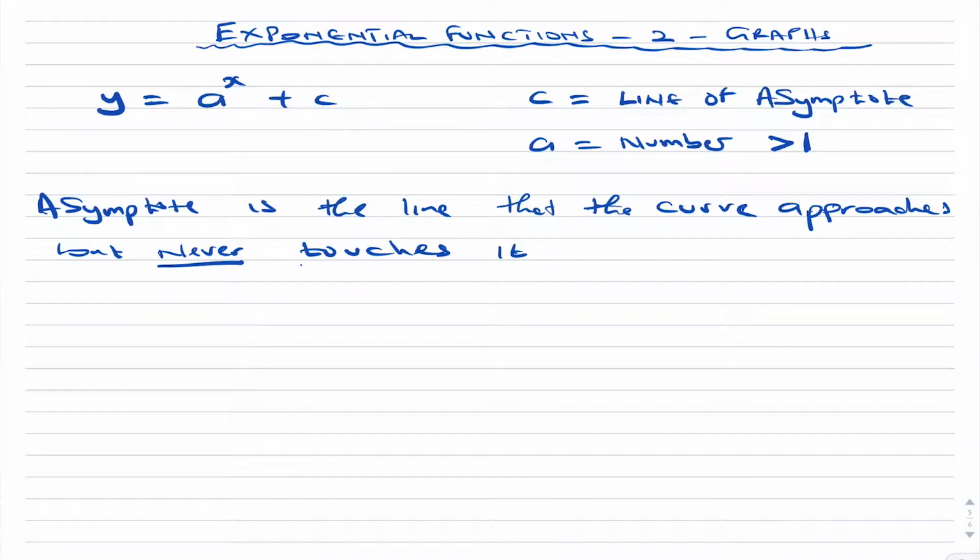So that's what the line of asymptote is. In this case, c is always the line of asymptote. If c is 0, then 0 is the line of asymptote.